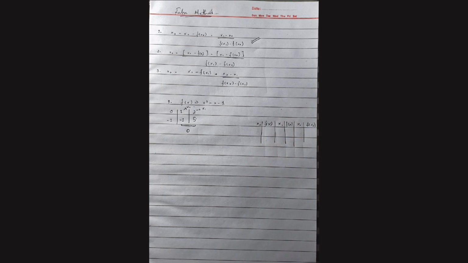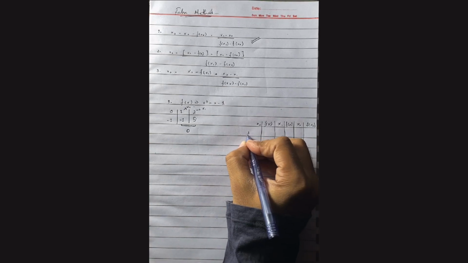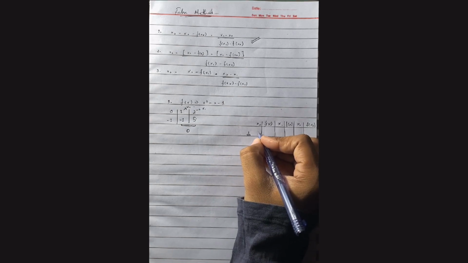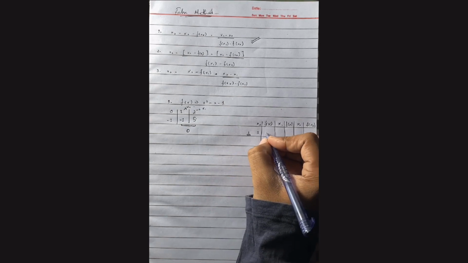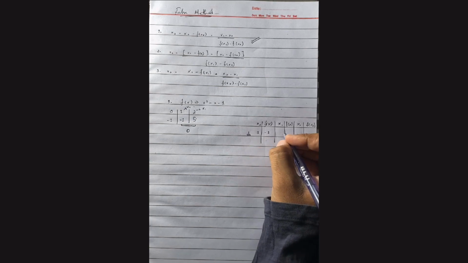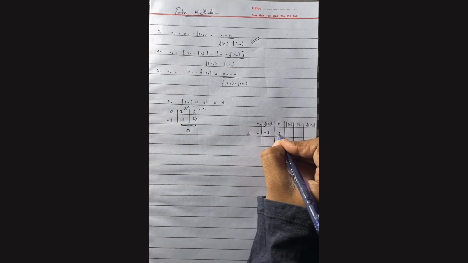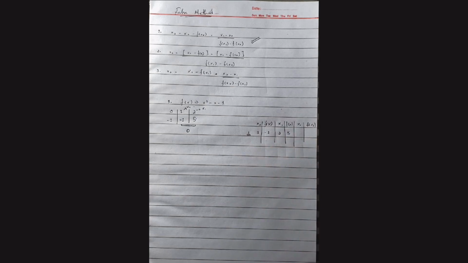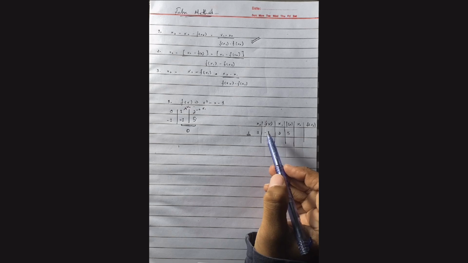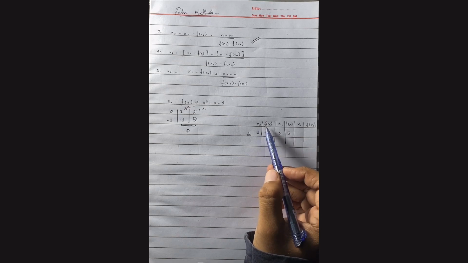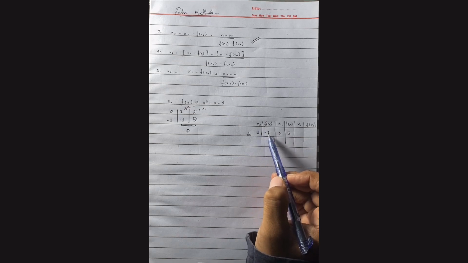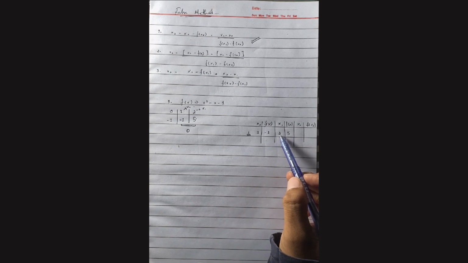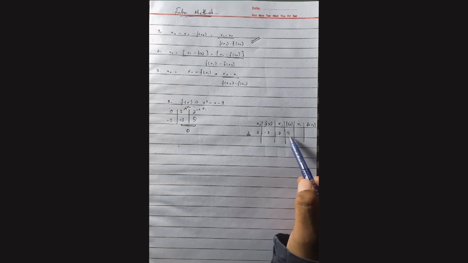In our first iteration, we have x naught as 1, f of x naught as minus 1, x1 as 2, and f of x1 as 5. As you can see, x naught has an output with a negative sign, and x1, which is 2, has an output of 5 with a positive sign. So there is a difference of sign.